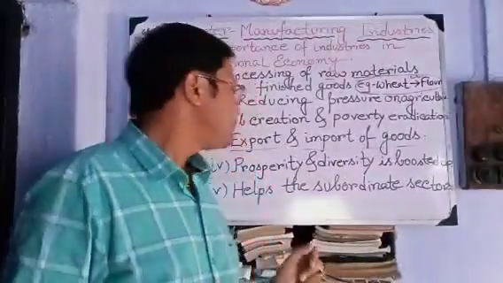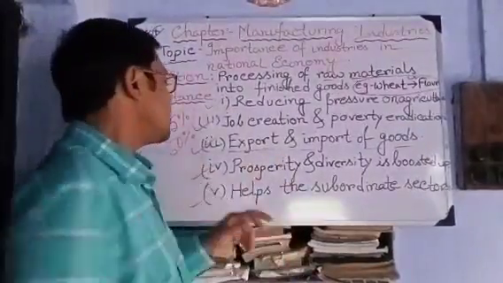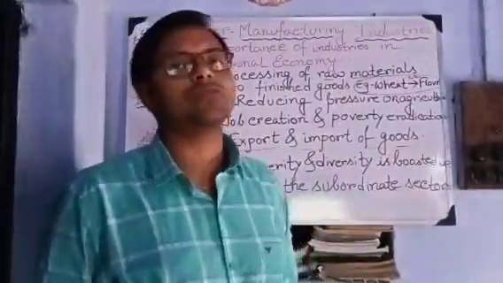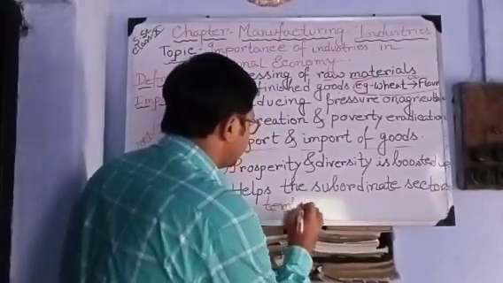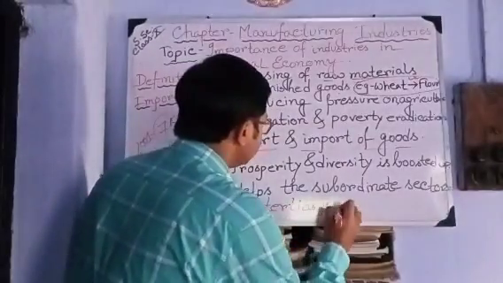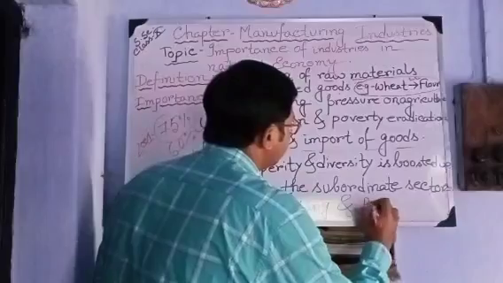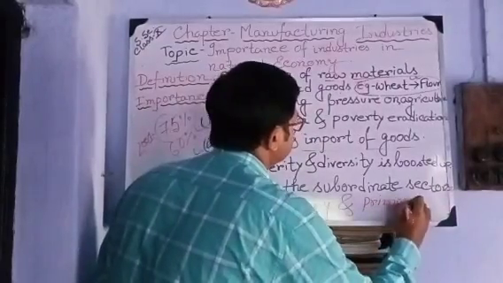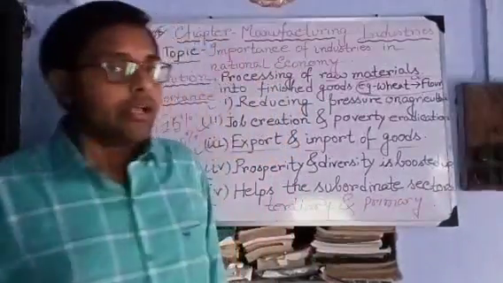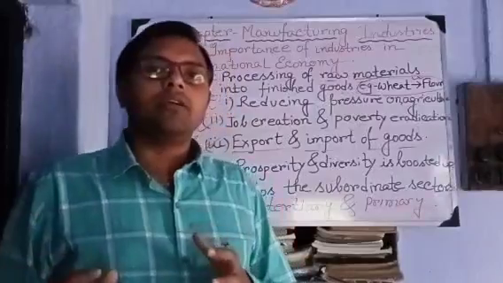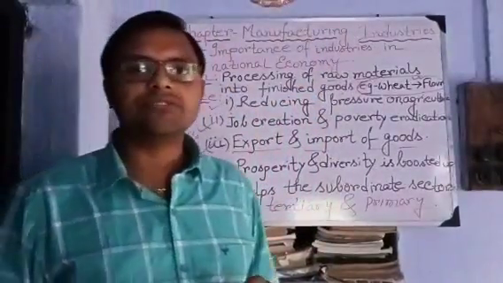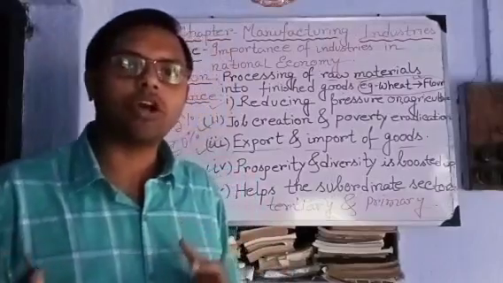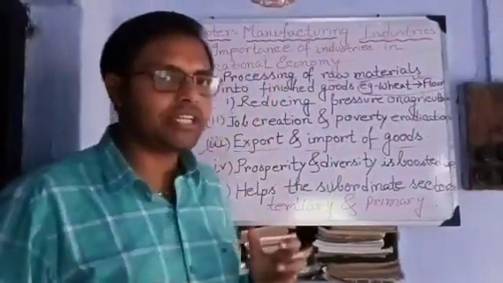And the last one, the final point: helps the subordinate sectors. What are the subordinate sectors? The tertiary sectors and basically the primary sectors. Commercial farming is totally dependent on manufacturing industry. Different types of commercial crops are produced based on manufacturing industry.